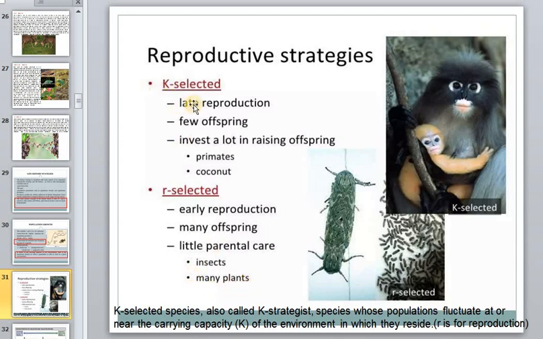And K-selection, like in mammals: later reproduction, few offspring, and investing a lot of time in raising offspring, like in primates, like in a coconut.